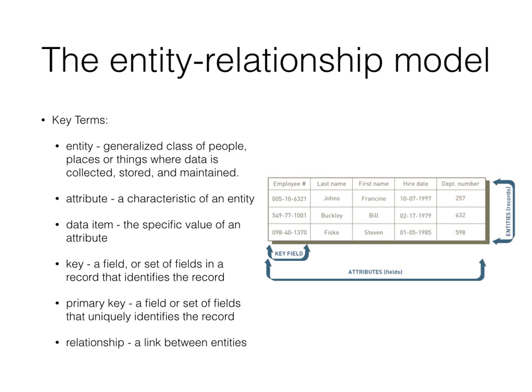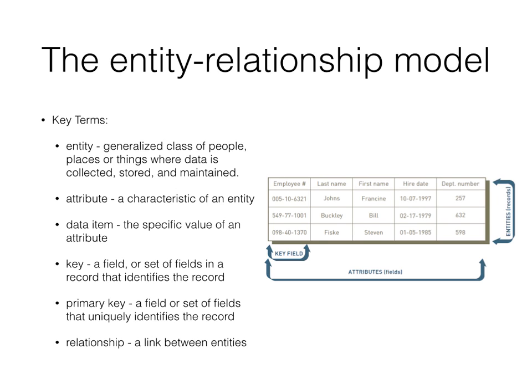So the first one we're going to talk about is entities, which is simply a generalized class of people, places, or things where data is collected, stored, and maintained. So what an entity basically ends up representing itself as is a table. That's usually a table, but the conceptual understanding of that is what we refer to as an entity.